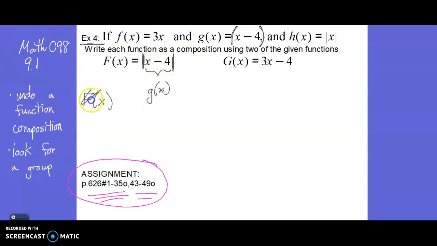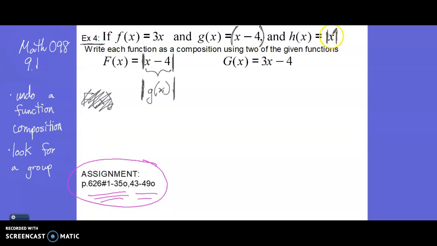I should have wrote this lower. Sorry about that. So really f of x, capital F of x I should say, is the absolute value of g of x. And so what I'm trying to get at is that this grouping symbol is really inside of another function, and that other function is the absolute value of x.